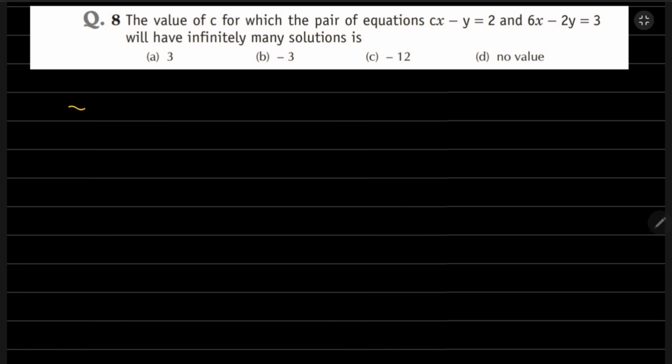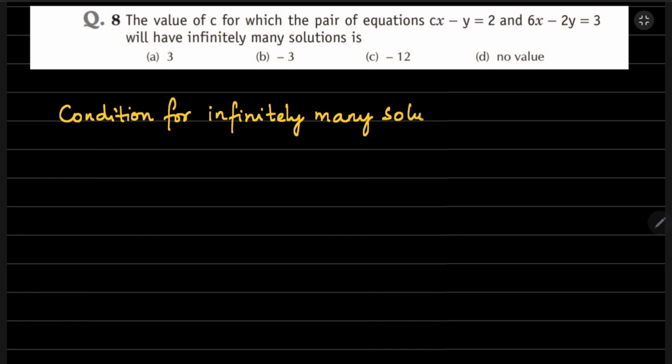Again, let us first write the condition for infinitely many solutions. Whenever you have infinitely many solutions, the lines have to be coincident, so all the three ratios have to be equal. A1 by A2 should be equal to B1 by B2, and this will be equal to C1 by C2.